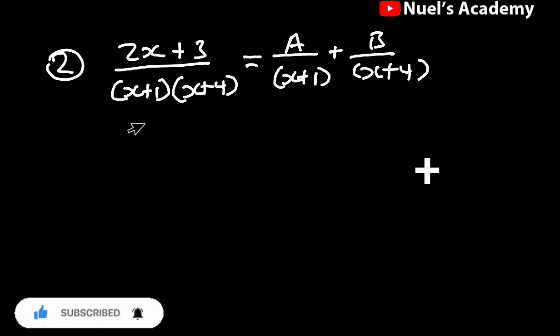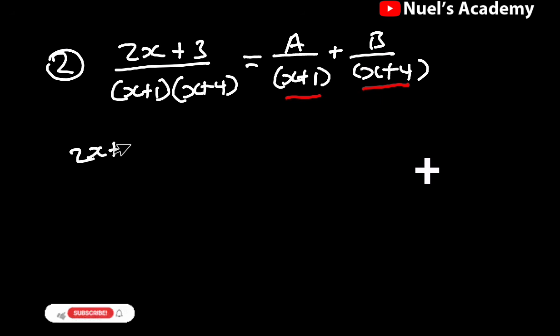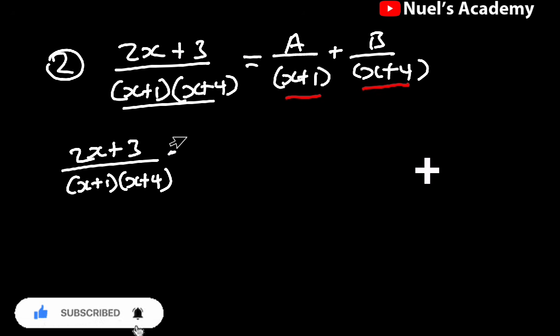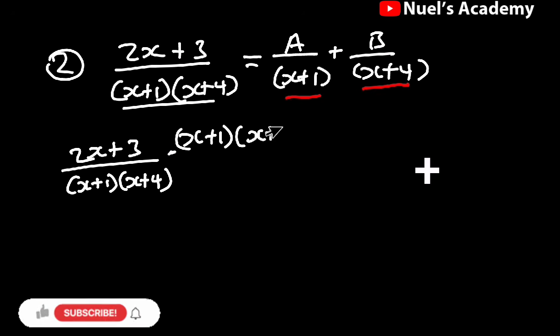Now the first thing we're going to do is to find the LCM of these two factors and then multiply everything in this equation with that LCM, just like what we did earlier. So we have (2x + 3) divided by (x + 1)(x + 4), then multiplied by the LCM, which is also equal to this, (x + 1)(x + 4).